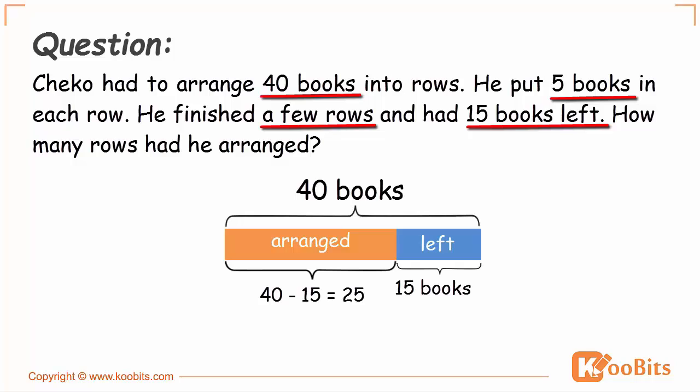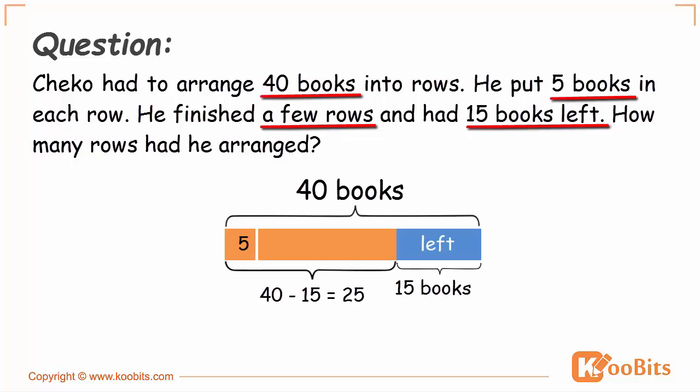Now let's look at the first part of the diagram. We know that he put 5 books in each row. Let's draw a small unit to represent 5 books. Do you think we could work out the number of units that fit into this part of the diagram?